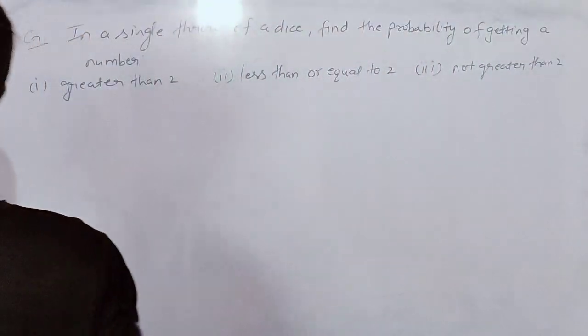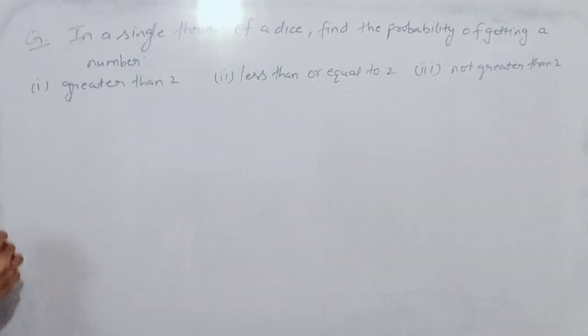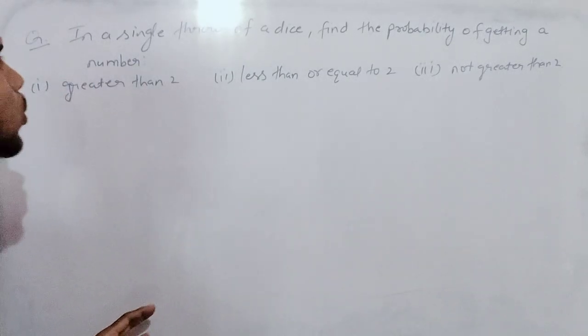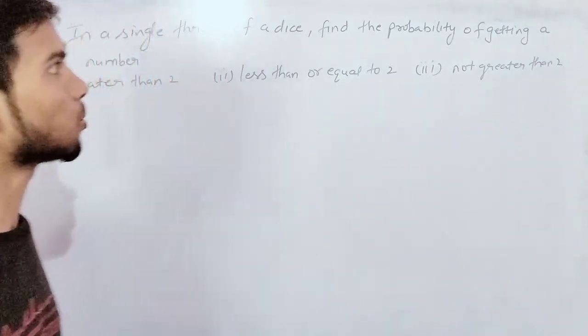This is the computation. Clear? We have to find the sample space of a dice. As you know, in a single throw of a dice, we have to find the probability of getting a number.